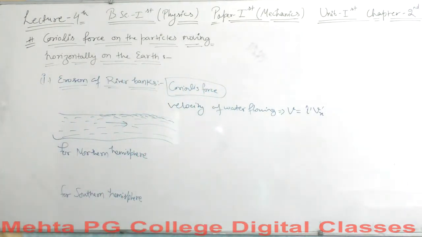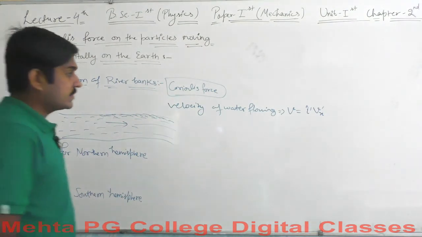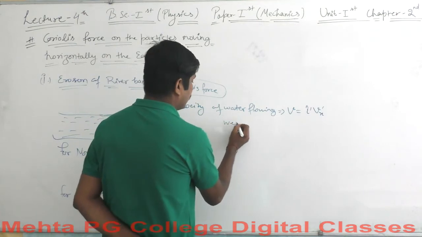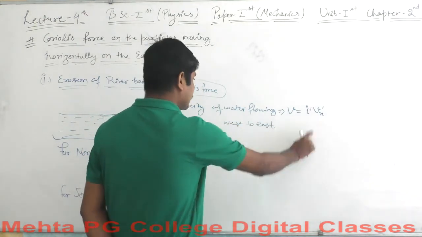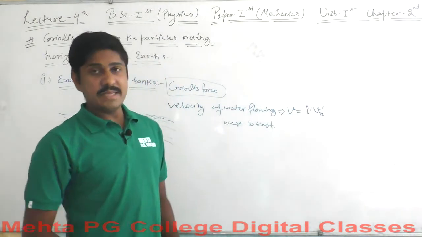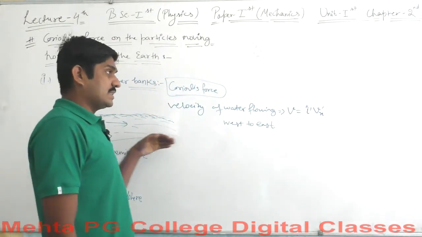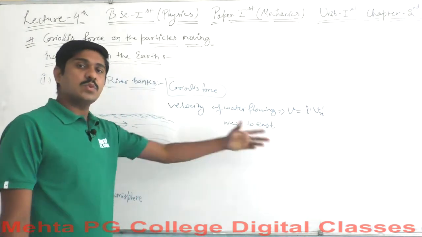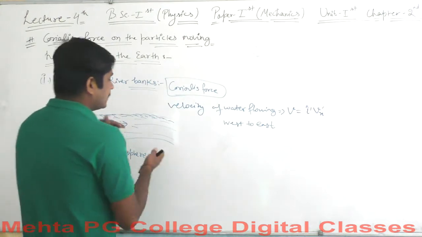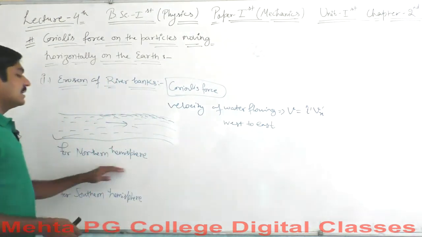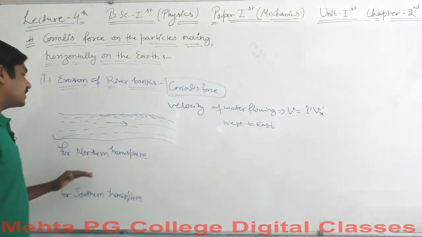So this is the velocity, west to east. This positive i-cap means that the river is flowing from the west towards the east. Also we assumed that this river is flowing in the northern hemisphere.